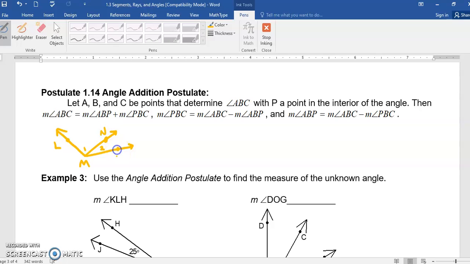The measure of angle 1. Now when we're talking about measure, you'll see that little m with the angle measure there. Plus the measure of angle 2 equals the measure of angle LMO.